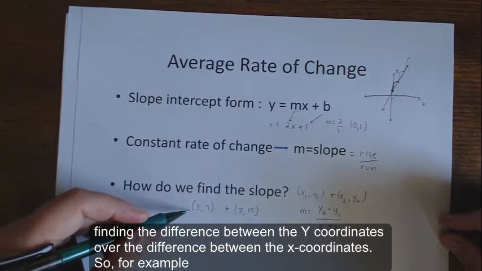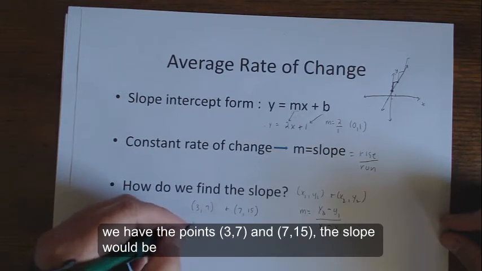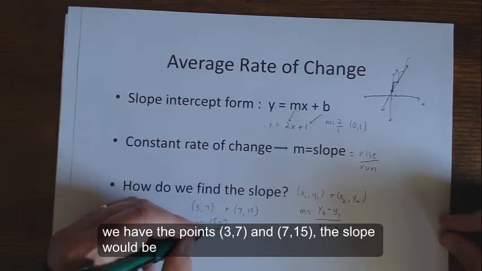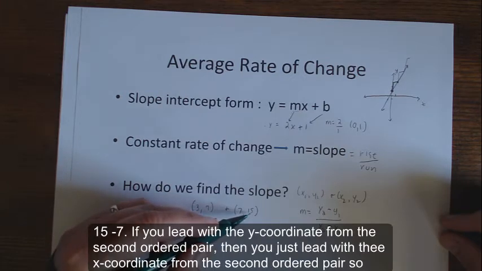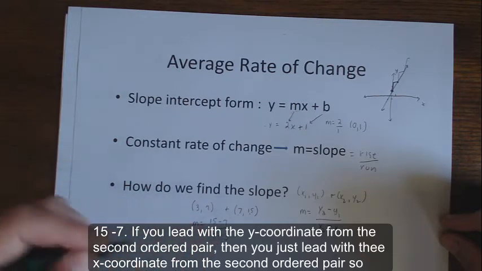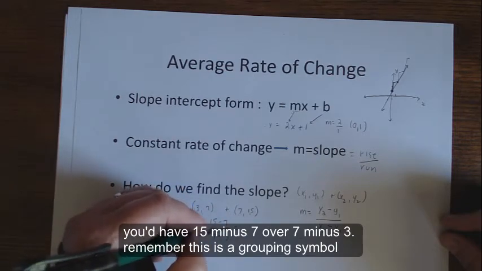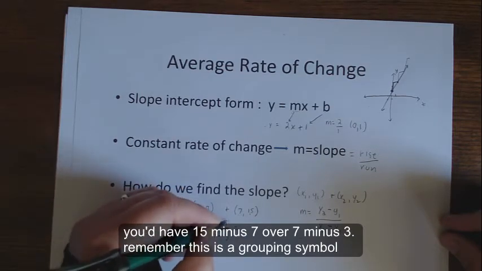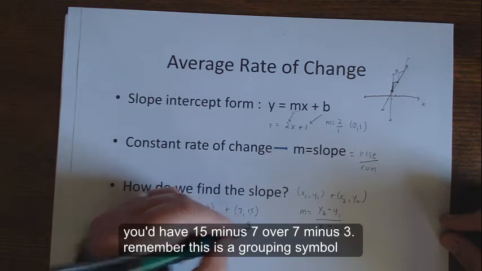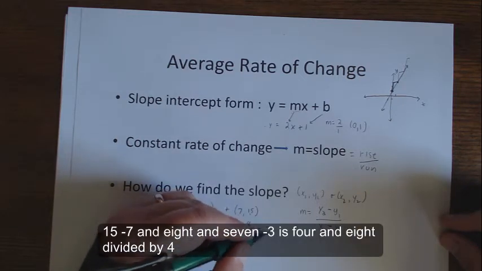So for example, if we have the point (3, 7) and the point (7, 15), the slope would be 15 minus 7, leading with the y coordinate from the second ordered pair, over 7 minus 3, leading with the x coordinate from the second ordered pair. Remember, this is a grouping symbol. So 15 minus 7 is 8, and 7 minus 3 is 4, and 8 divided by 4 is 2.